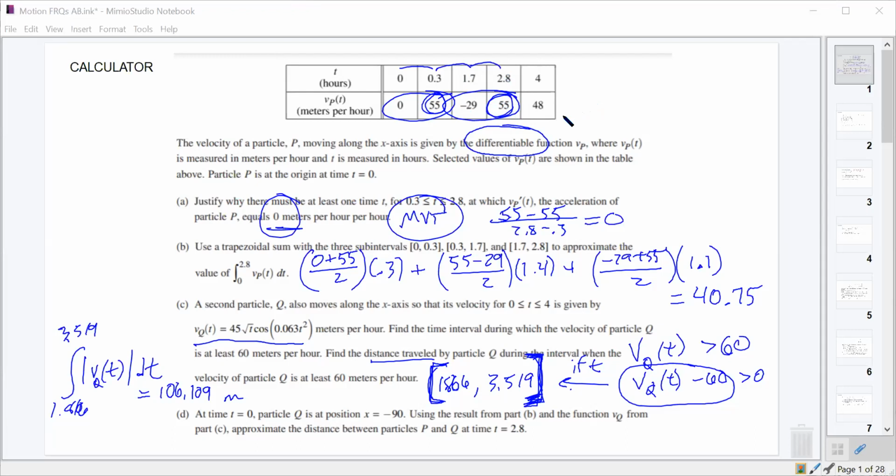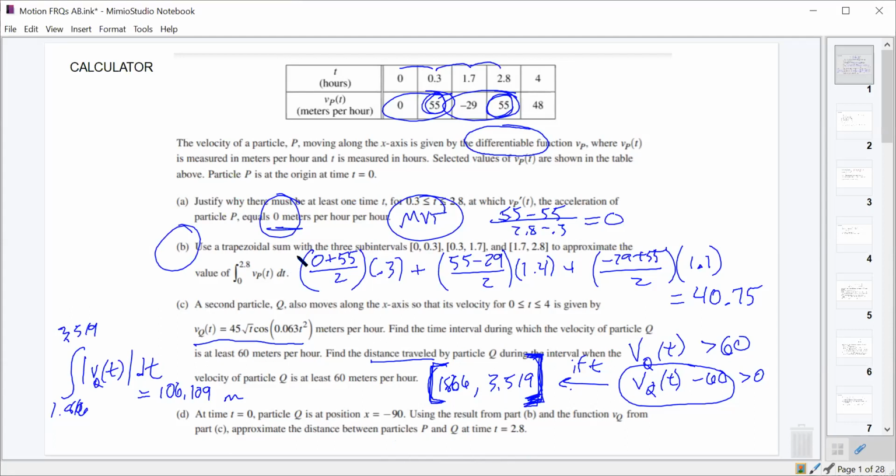All right. Part D. At t equals 0, particle Q is at a position of x equals negative 90. We want to use our result from part B and the function v sub q to approximate the distance between the particles P and Q at t equals 2.8. So we need to find the position of both particles at t equals 2.8. Part B gave us the distance that particle P moved.